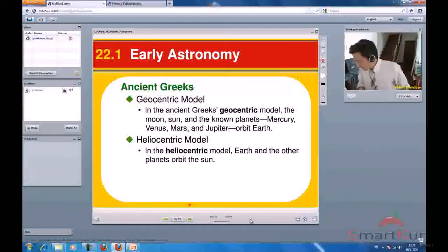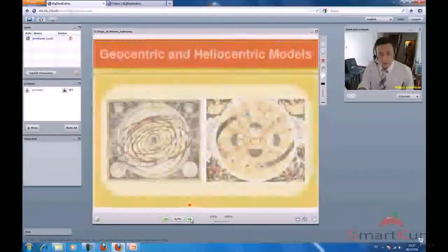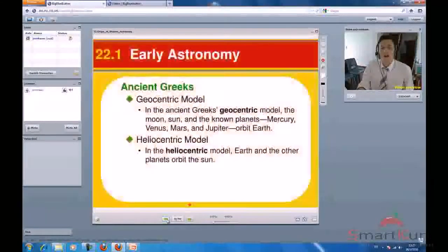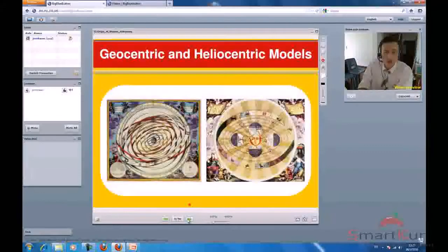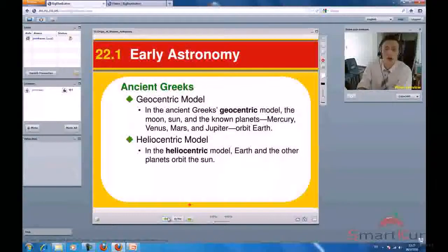Here, 2 different models of the solar system. We see them on the next slide. There are pictures of these on slide 9. So if you want to look at slide 9, we see 2 different models for the universe.